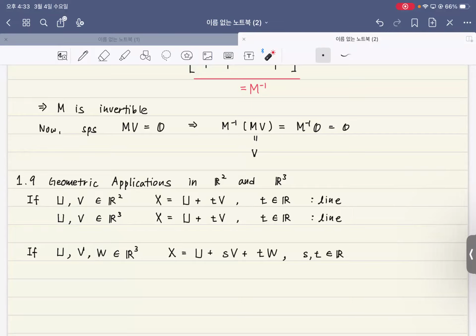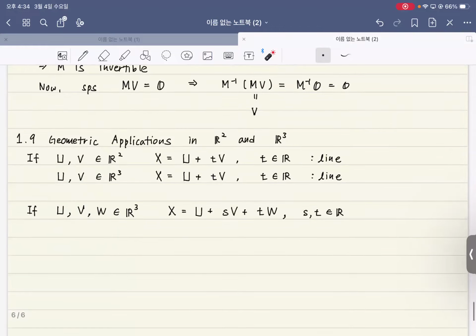But since we have this additional vector U, this is going to represent a two-dimensional plane which is parallel to the span of V and W, but parallelly translated by vector U. Okay, so this is a plane.